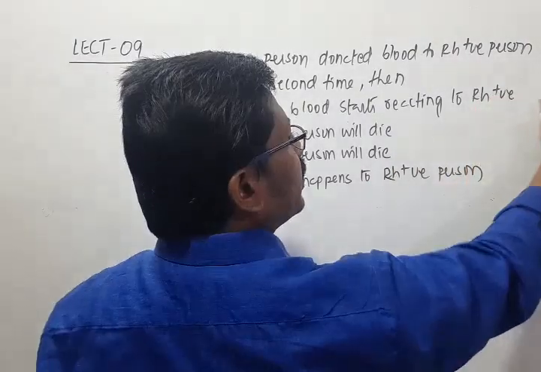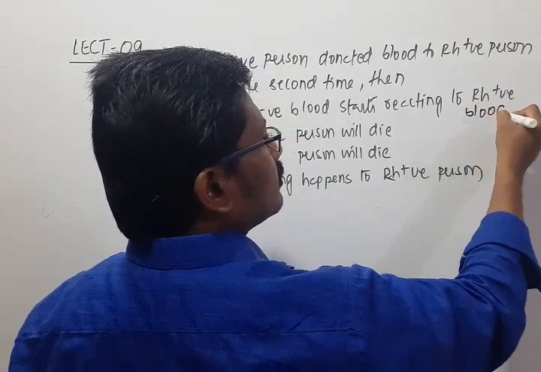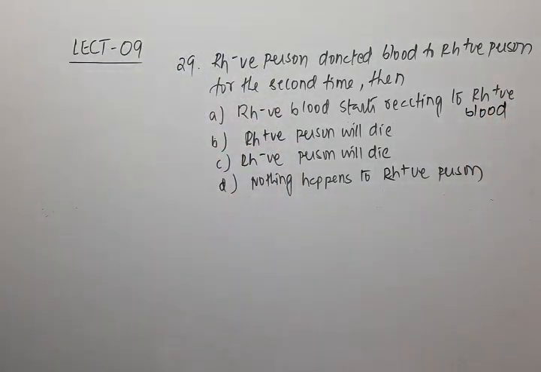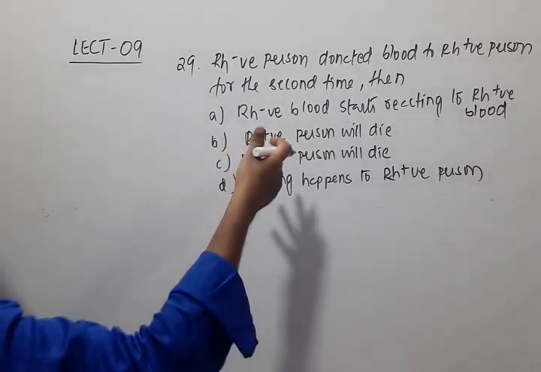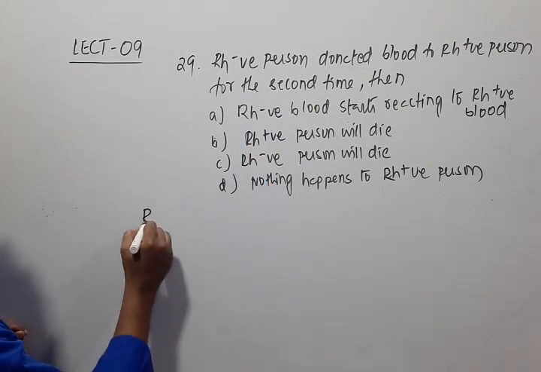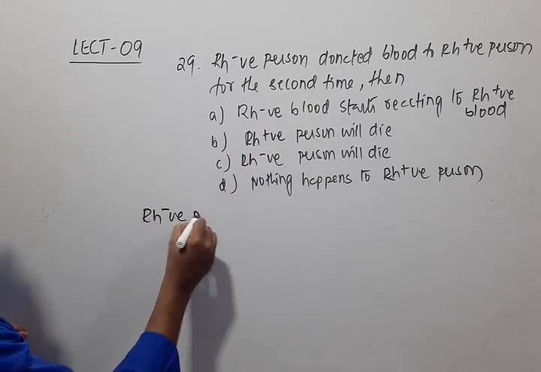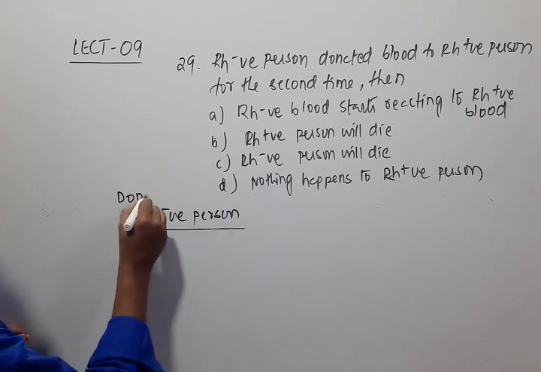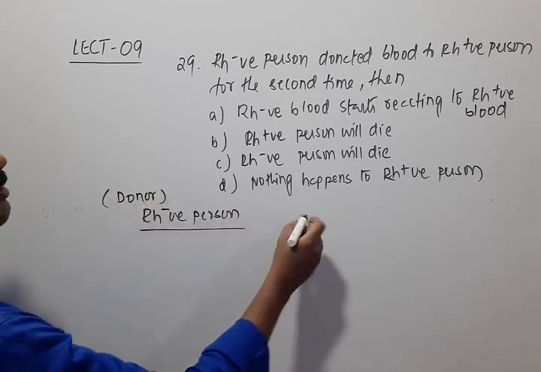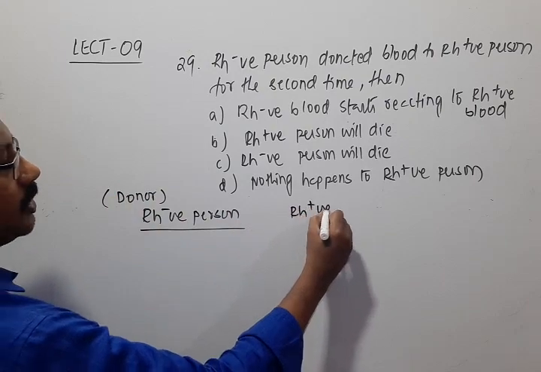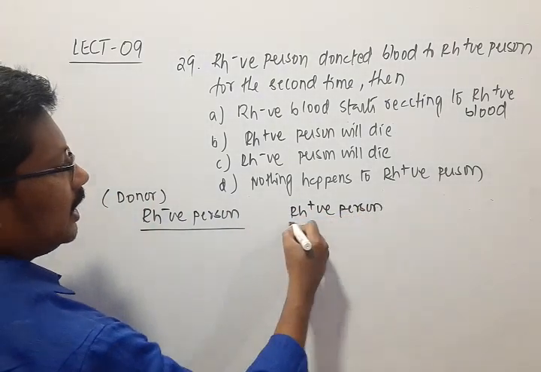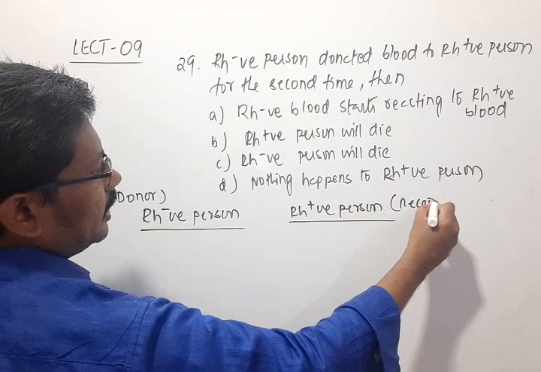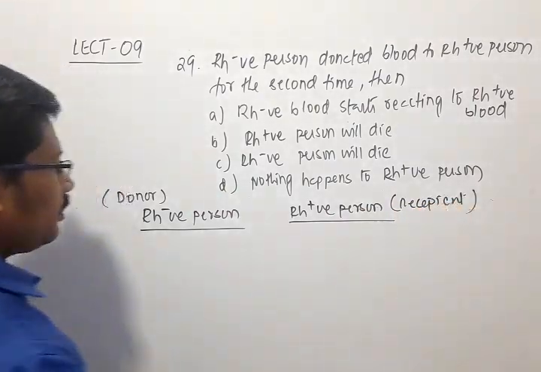So the RH negative person is the donor, and the RH positive person is the recipient.